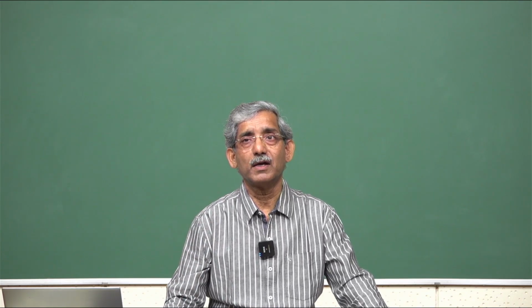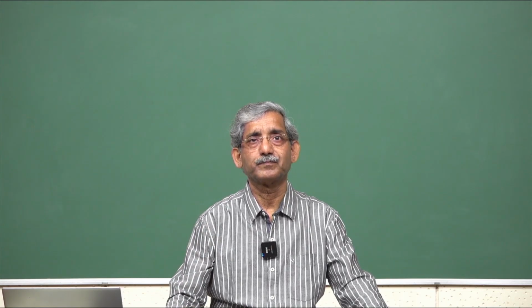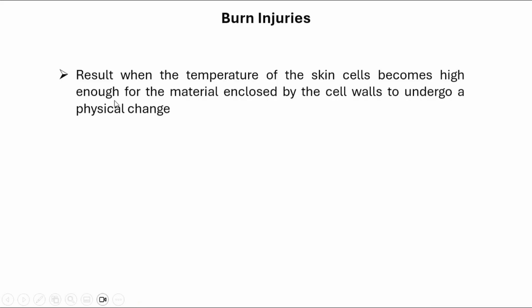So, let us try to understand the different types of burn injuries. A burn results when the temperature of the skin cells becomes high enough for the material enclosed by the cell wall to undergo physical changes.